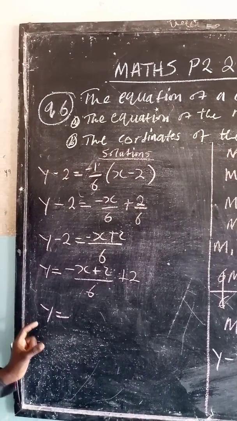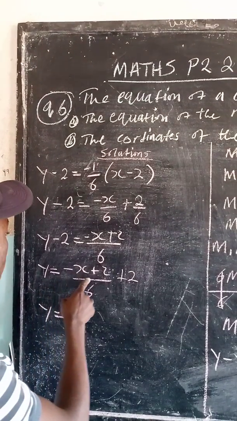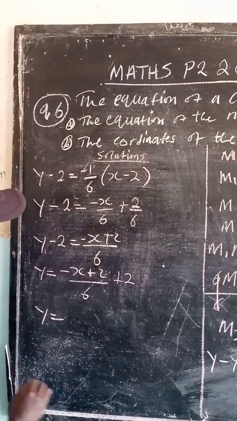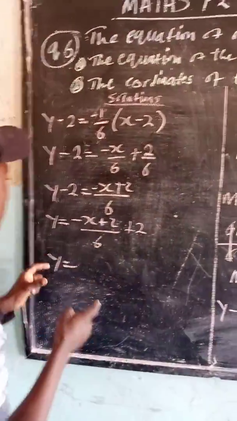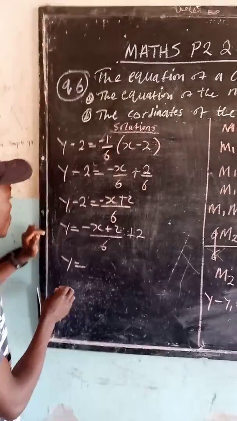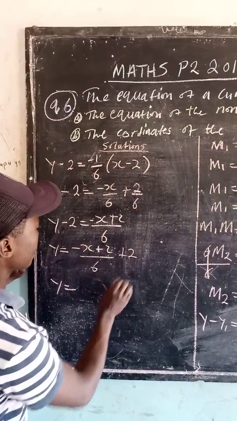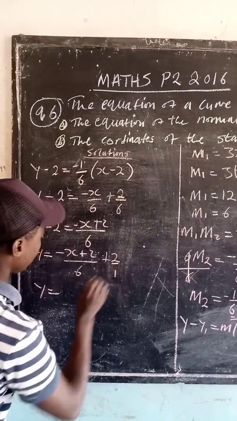Then we say y1 is equal to (-x + 2)/6 + 2. So y is equal to, in this case we are going to look again for a common denominator, of which here we are going to introduce a 1.